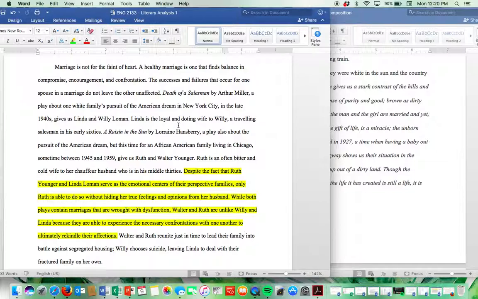Now, first-person point of view would be fine if you're writing a narrative or a memoir or something that's asking you to be personal and inject your personal feelings and experiences. But this particular type of paper is almost scientific. You're looking at a text, you're making an argument about the text, you're supporting that argument, and ending with a strong conclusion. And nowhere in there should we have anything that says, I think, I believe, I feel.